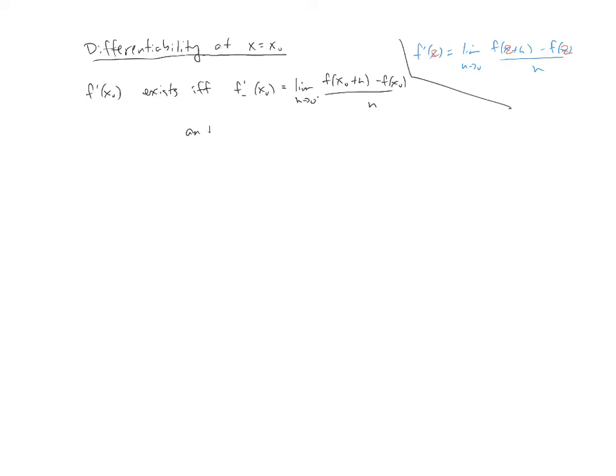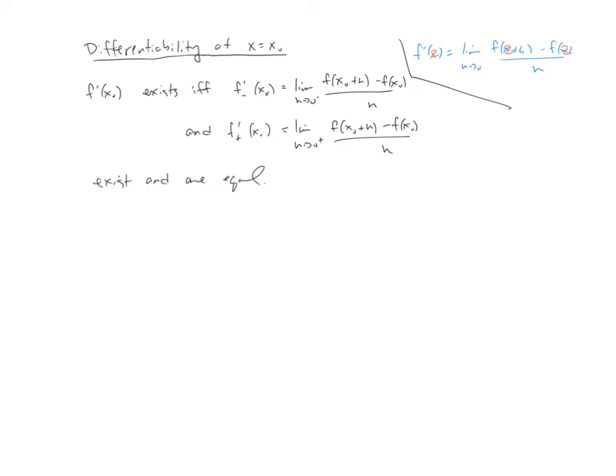And here's the big one, and this won't surprise you when I tell you why. f prime from the right at x naught equals the limit as h approaches 0 from the right of f of x naught plus h minus f of x naught all over h, exists and are equal.